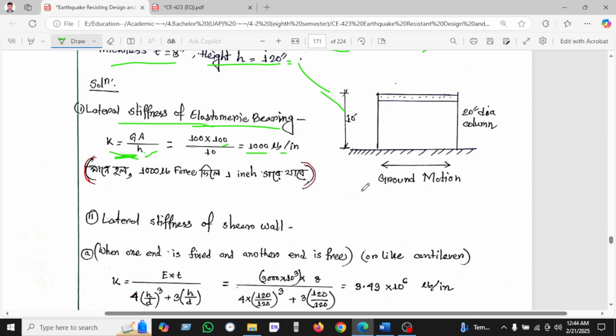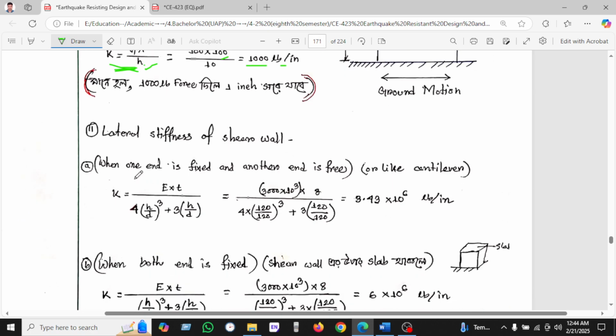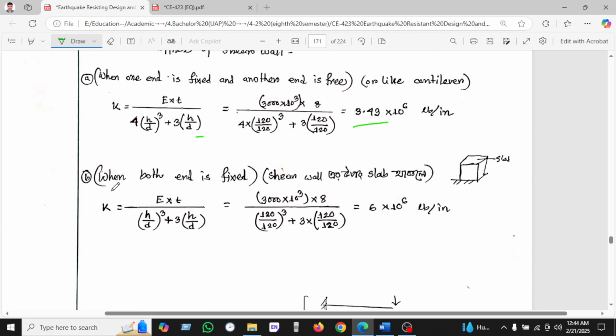Okay, so we can see here the lateral stiffness of the shear wall. When one end is fixed and the other is free, like a cantilever, then it will be E times t over 4h cubed plus 3h times t, and we found the result below. And when we consider both ends fixed, the slab will be above the shear wall.